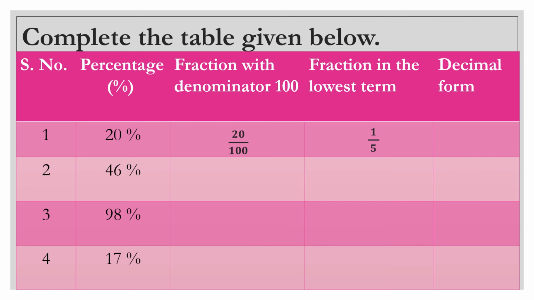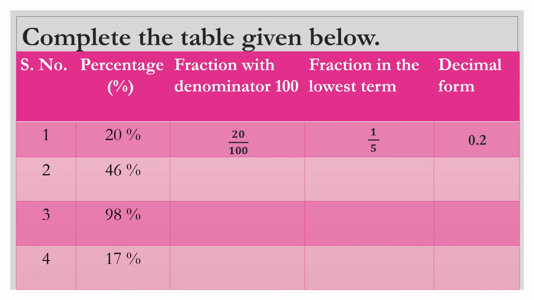So we get 1 upon 5. Now in the next column we have to write 20 upon 100 in decimal form. See, 100 has two zeros and we know that if we divide any number by 100, the decimal point shifts 2 places to the left. So the answer is 0.20. That means 0.2.